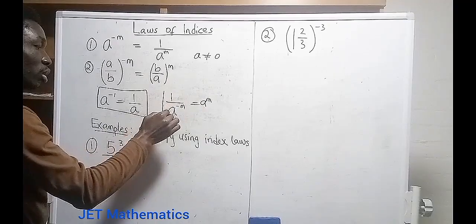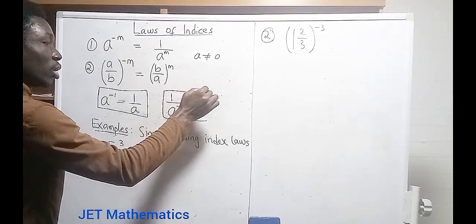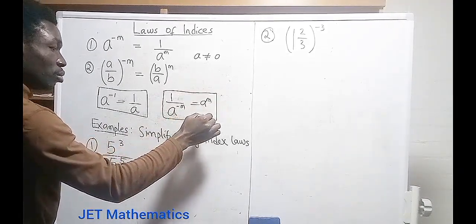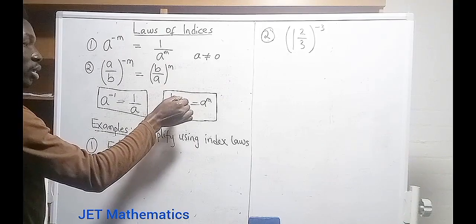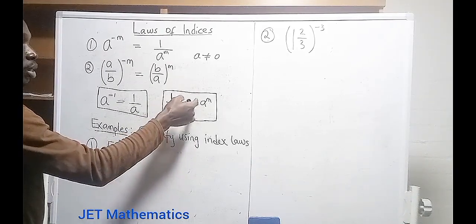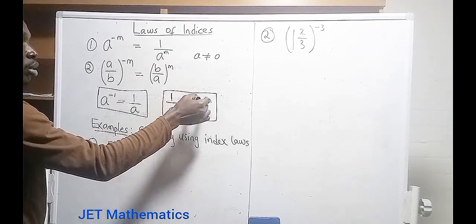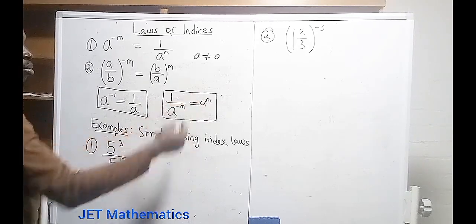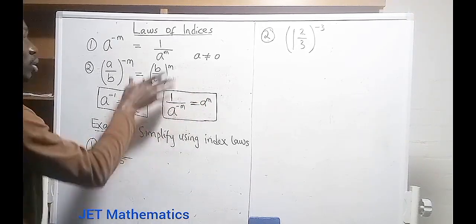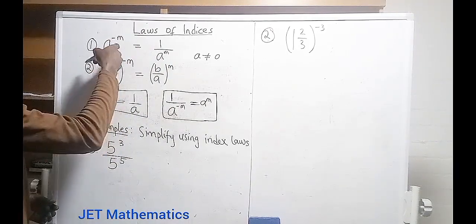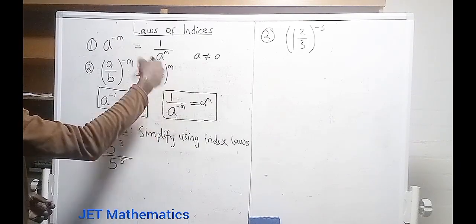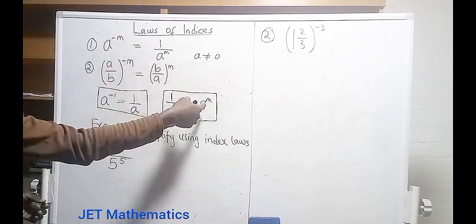So you can also take note of this result as well. So if you have an expression like this, you can write it in this form. So these are just variations from what we have here. This is a special case of what we have here. Then manipulating this from this law, we can get this.